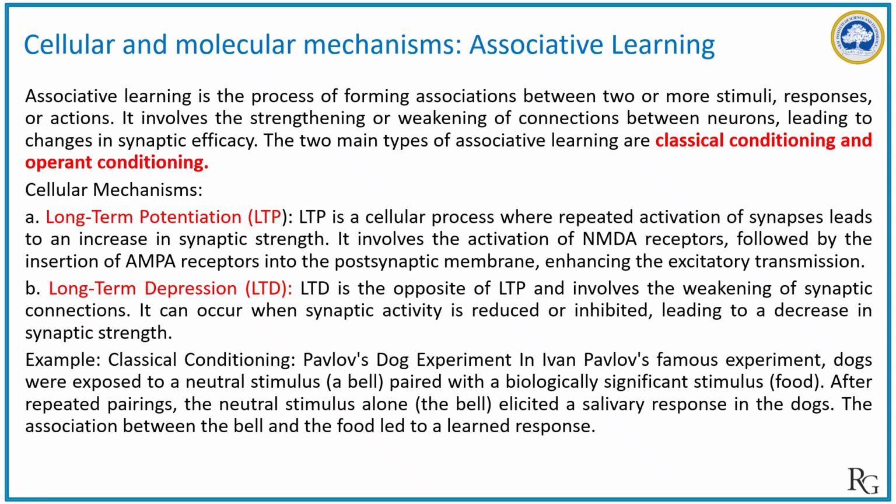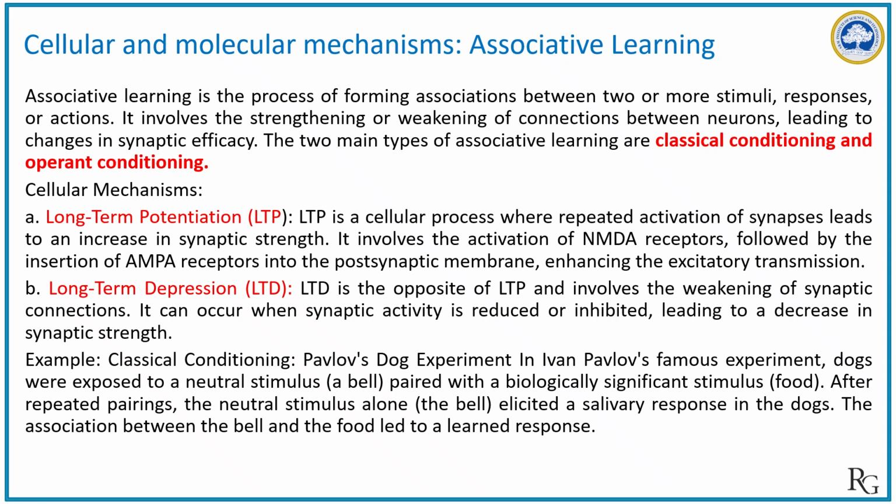So that means if we give the same stimulus again and again, the activation of the synapses gets stronger. It involves the activation of the NMDA receptor, which then triggers the insertion of AMPA receptors into the postsynaptic membrane. And this enhances excitatory transmission, making the neuron more responsive.